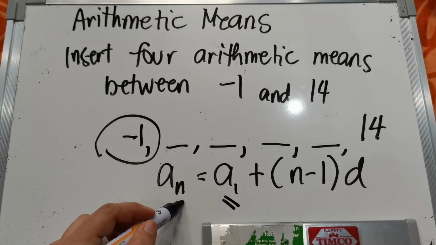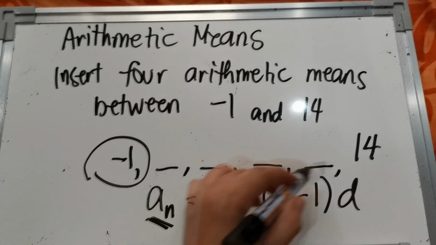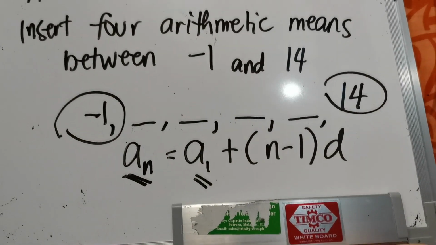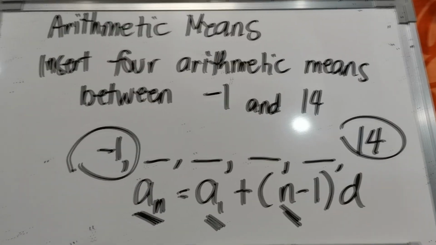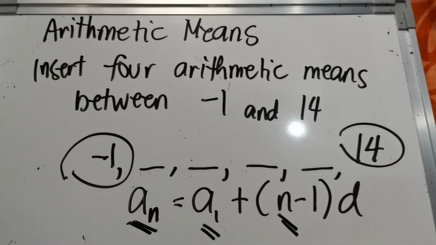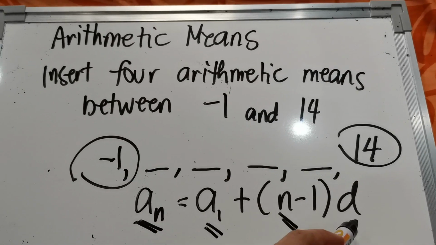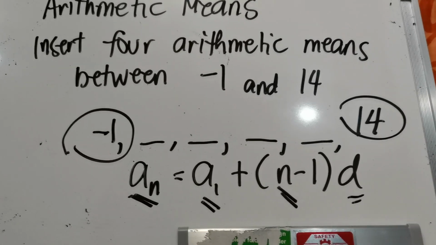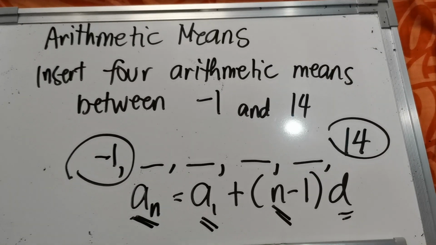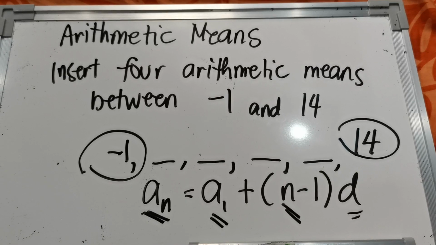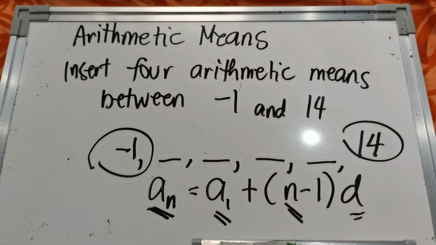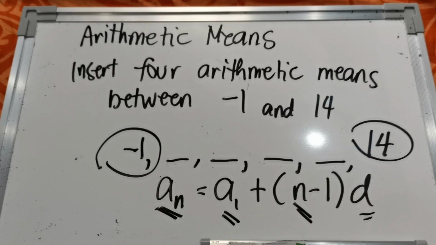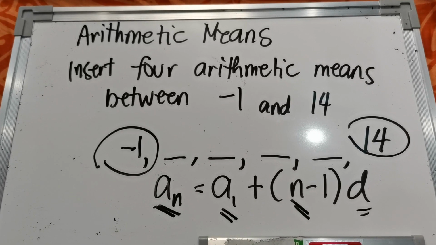Meron na tayong last term which is 14. Di ba? And then, the number of terms natin, kanina na-identify natin, ilan sila? 6. But then, we are missing the value ng common difference. And actually, yun yung gagawin natin ngayon.